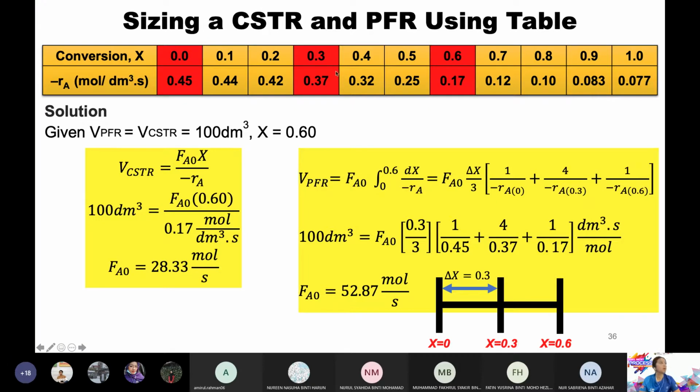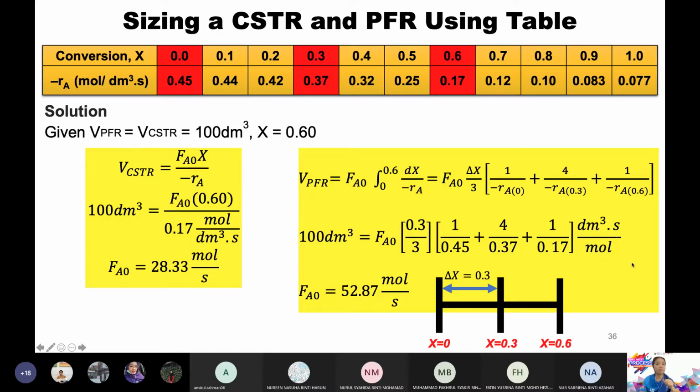So at 0.3, my minus RA is 0.37. So 4 per 0.37. Last, 1 per minus RA when my X is at my final X 0.6. From table at 0.6, my minus RA is 0.17.